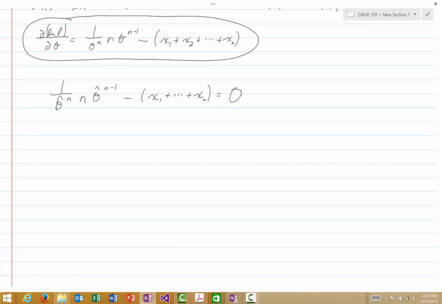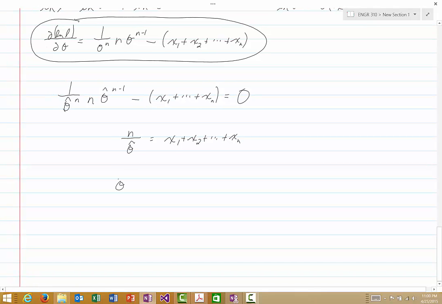Okay, and now again we just do a little bit of algebra. This becomes n over theta hat, and we can take this term with the x's over to the other side, is equal to x1 plus x2 plus dot dot dot plus xn, and we finally get then that theta hat is equal to n over x1 plus x2 plus dot dot dot plus xn.